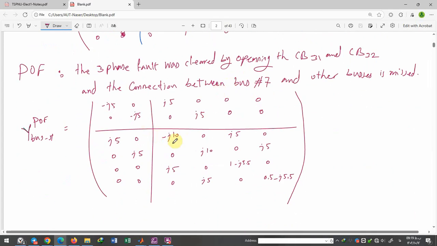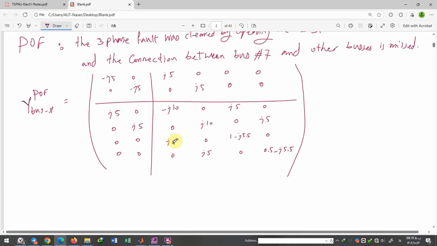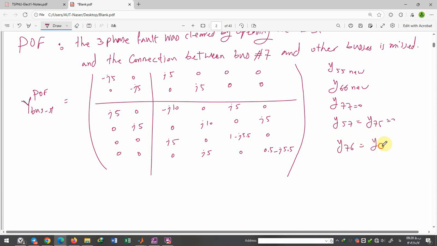In post-fault we first recalculate Y55 new, Y66 new, and we set Y77 as 0, Y57 equal to Y75 as 0, Y76 equal to Y67 as 0.